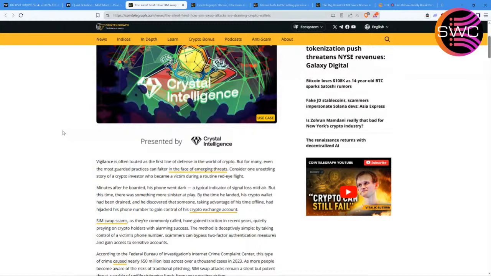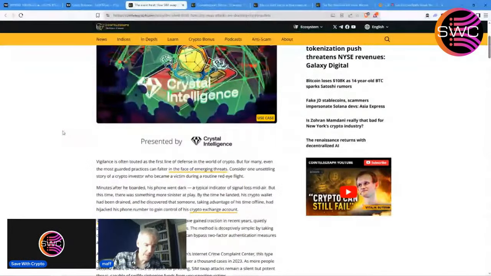So, yeah. I did ask Claude AI if Phantom would be particularly susceptible to this kind of SIM swap attack. It was saying generally, yes, but because of other factors.